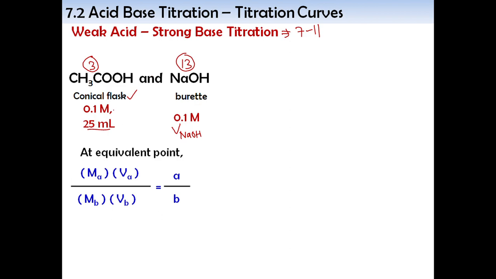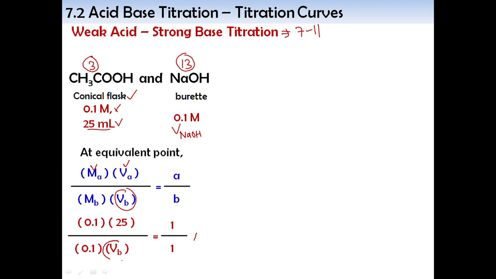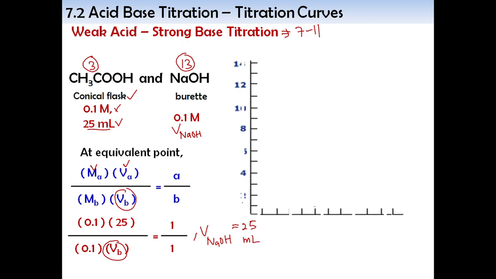You have MA dan VA because this is acid. So ini ada. So you want to find what is the volume for base. So tekan calculator sampai you dapat volume for base, which is our NaOH. So you dapat berapa? 25 ml.